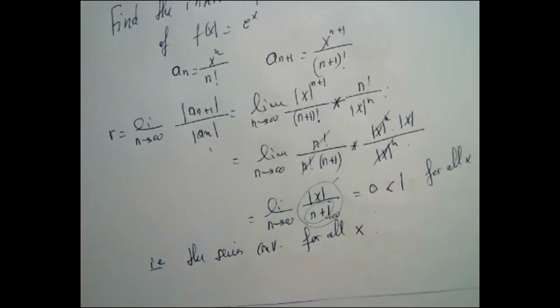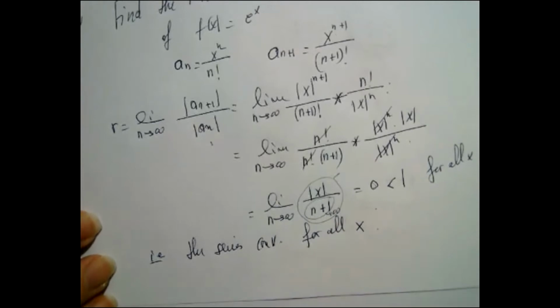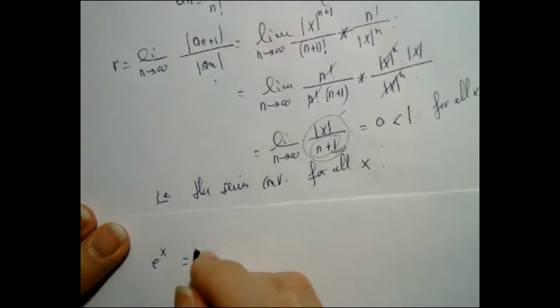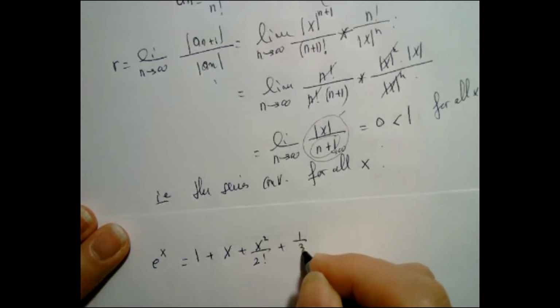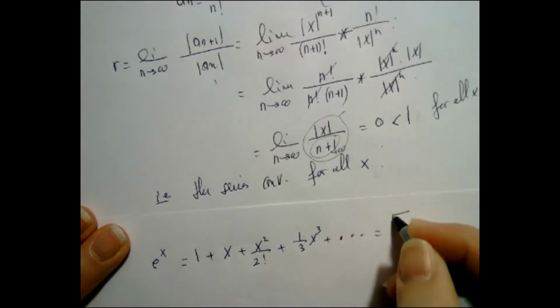What does it mean for us? For us, it means the following. e to the x is equal to this sum. The equality holds.